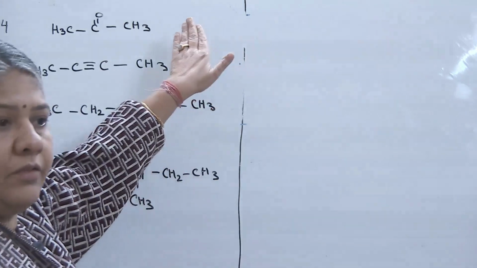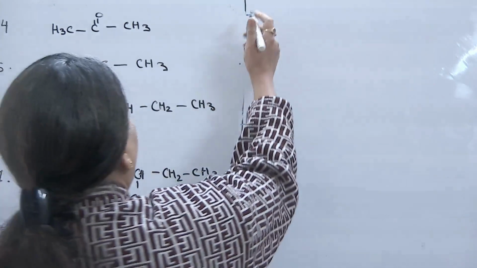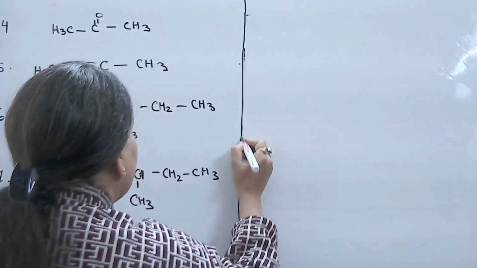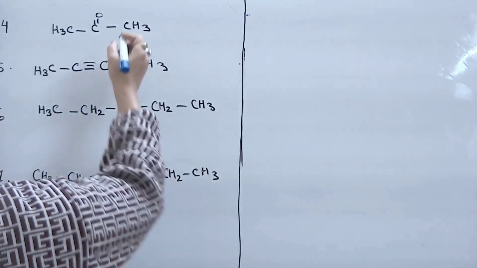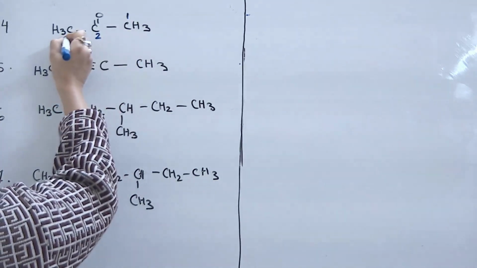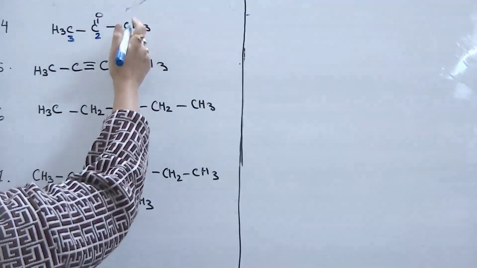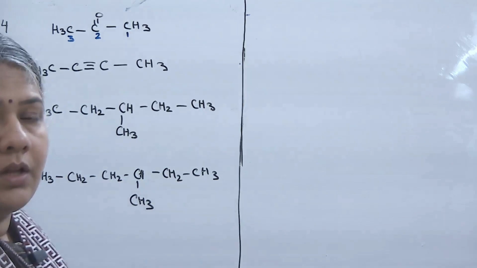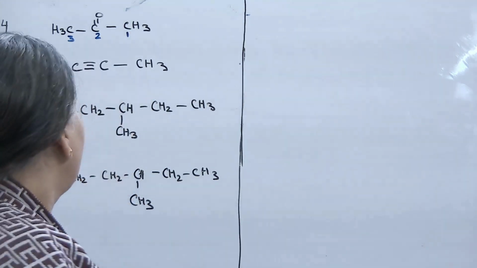Again, in this compound, first you number the carbon atoms. So this is 1, 2, and 3. So this is a 3 carbon compound, so the root word is prop.